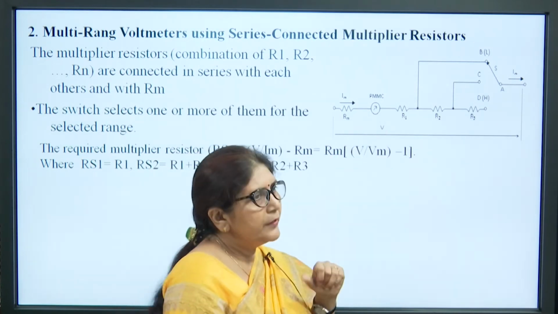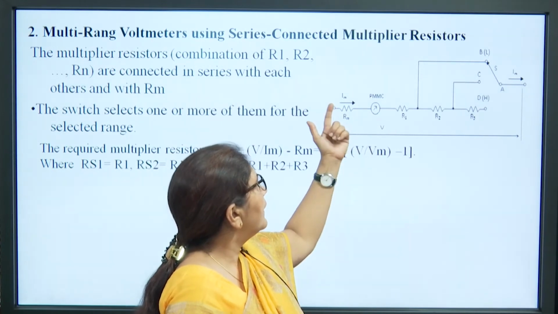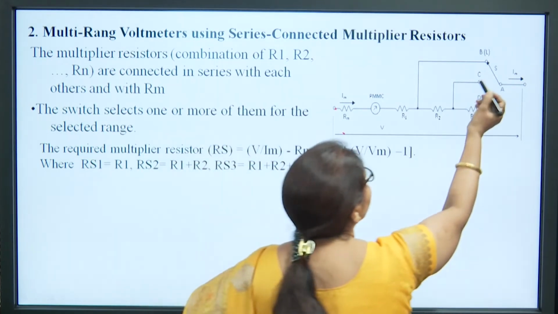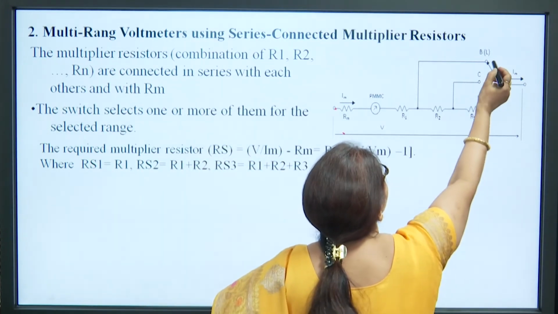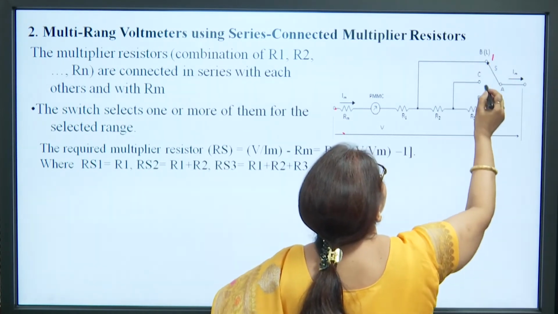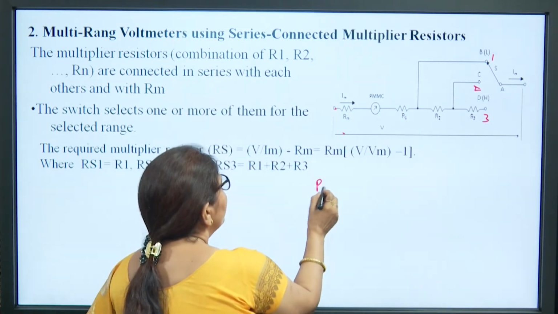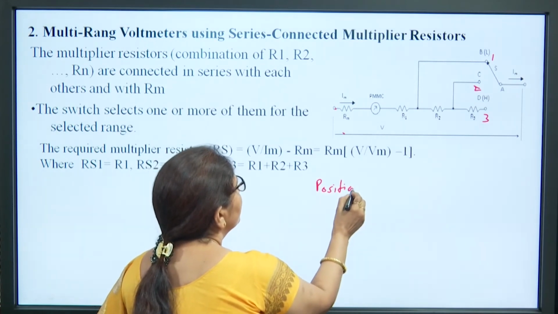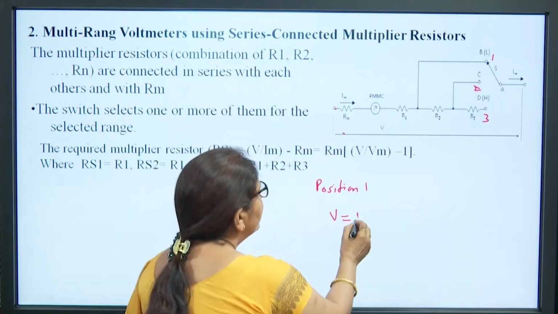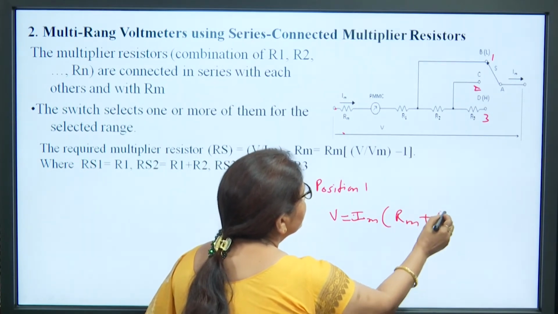Suppose the positions are 1, 2 and 3. At position 1, the voltage V that we can measure is Im into (Rm plus R1) only.